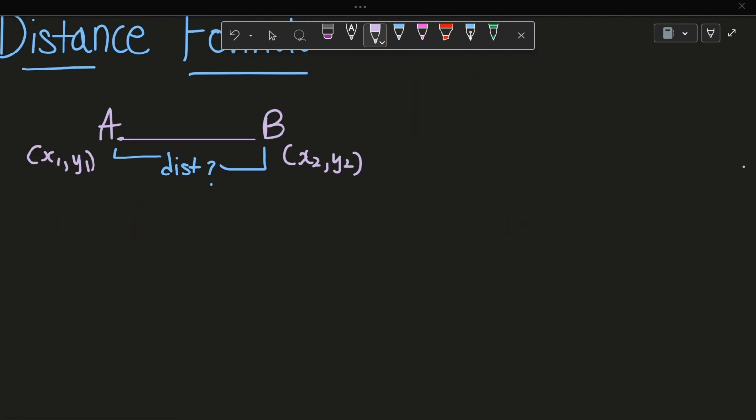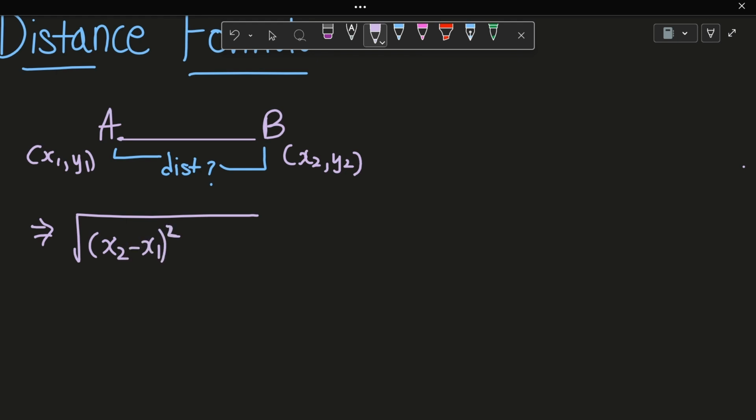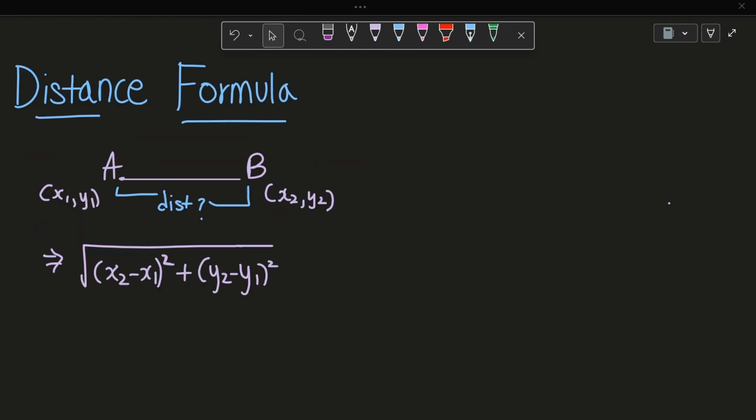The standard formula for this is under root (x2 minus x1) whole square plus (y2 minus y1) whole square. It's a standard formula that you have to remember.